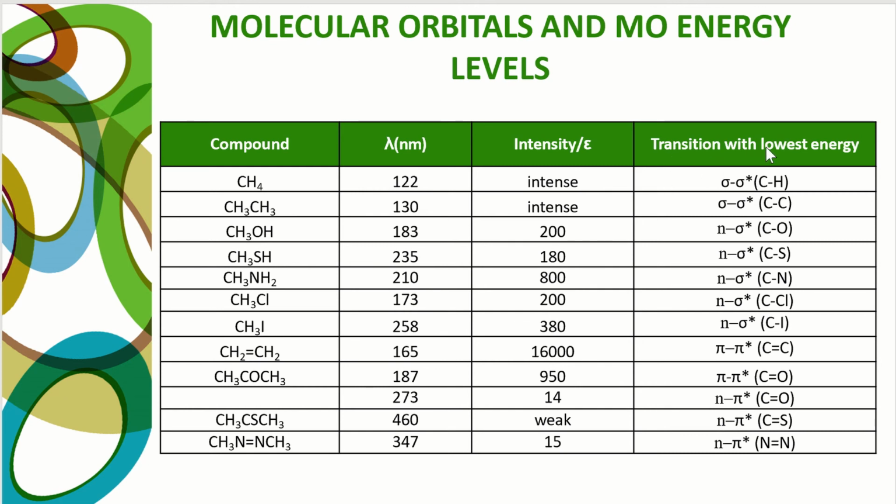The transition with lowest energy is seen here. So we have various transitions, and we've spoken about these transitions generally, right? So this table is really just for you to have a general idea of various compounds, their wavelengths, and which transition is responsible for that.